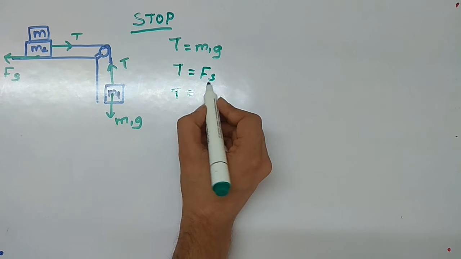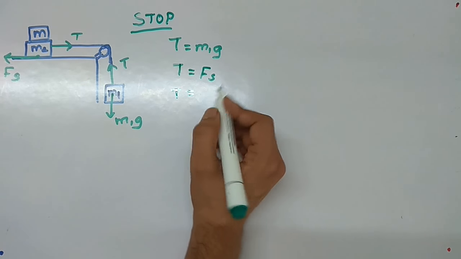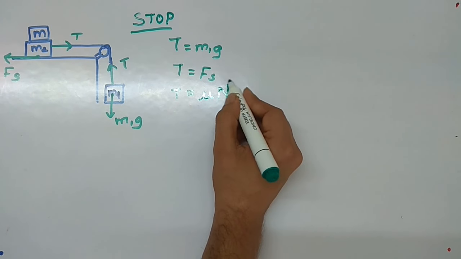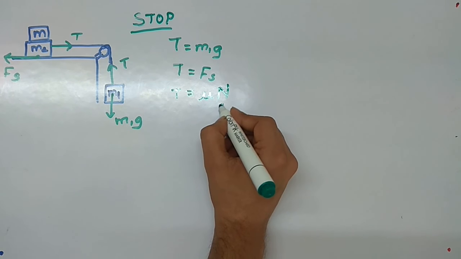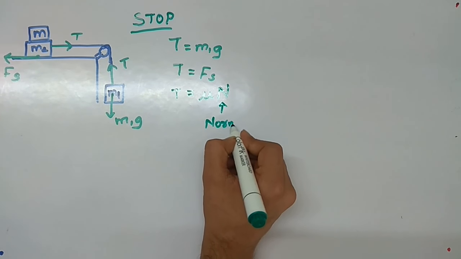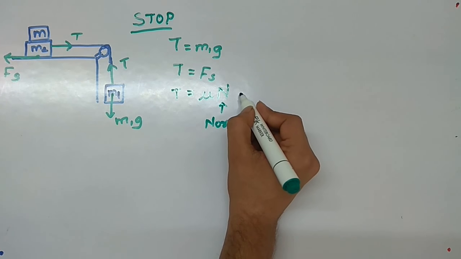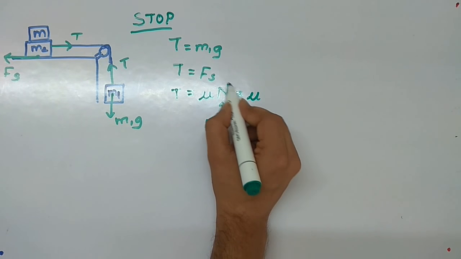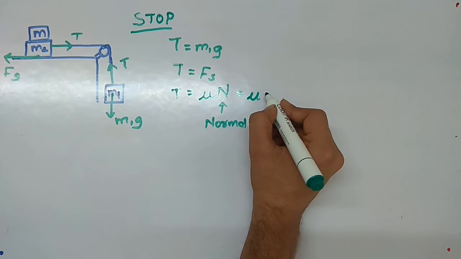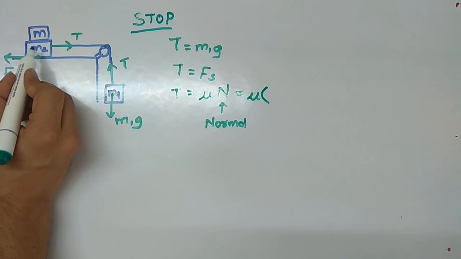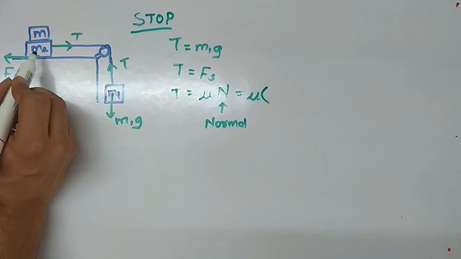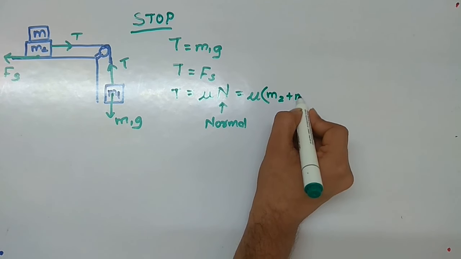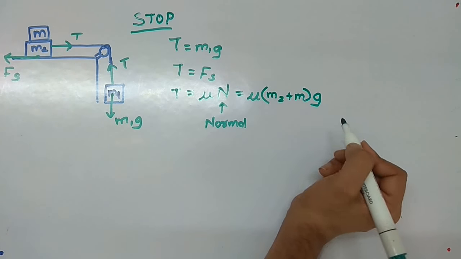Therefore T equals mu into N, the formula for frictional force, where N is the normal reaction. And the normal reaction is nothing but the weight. Here the total mass is m2 plus m, so for mass we write m2 plus m, and finally for weight we multiply with g.